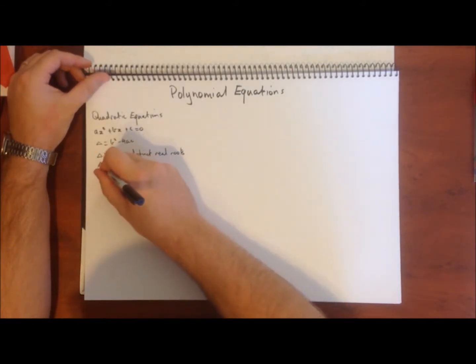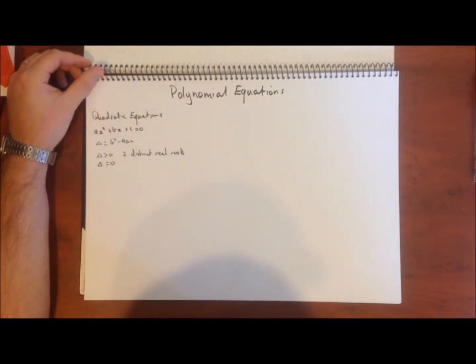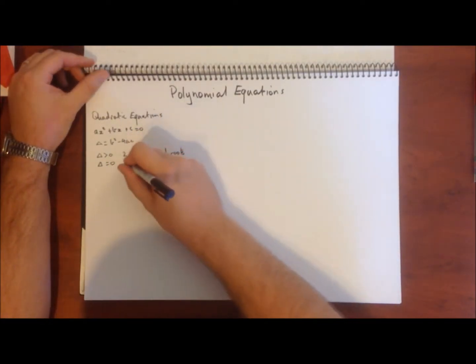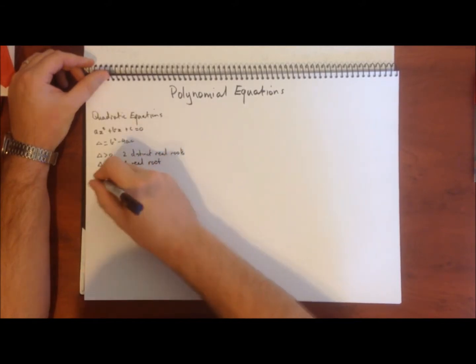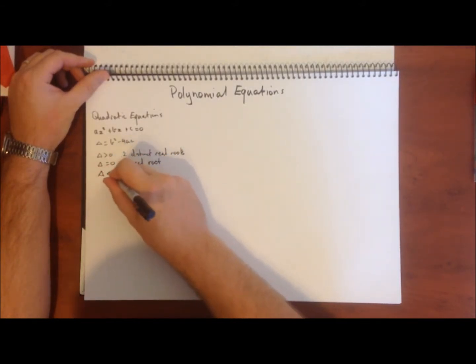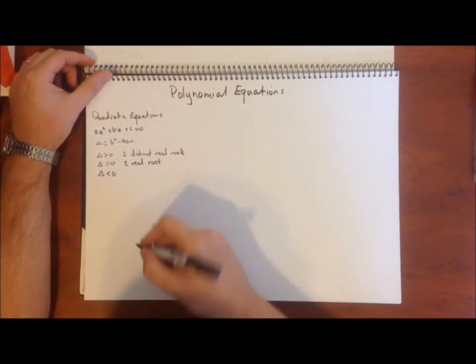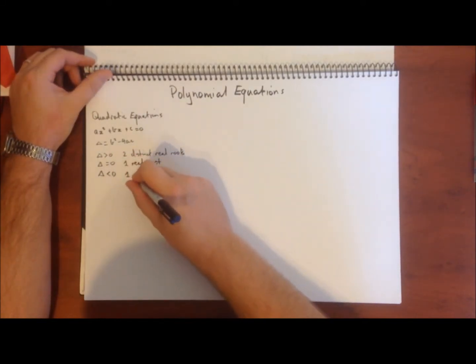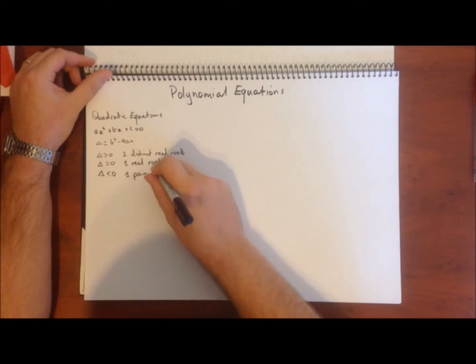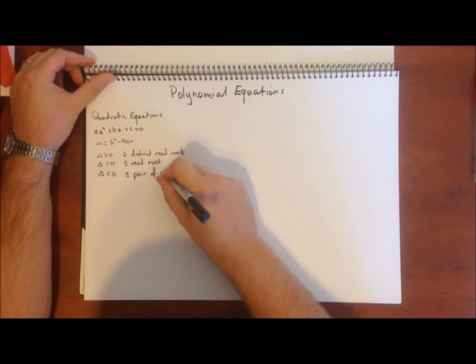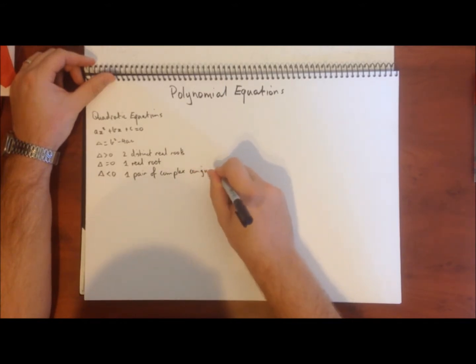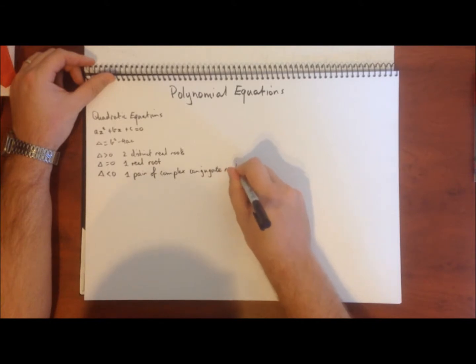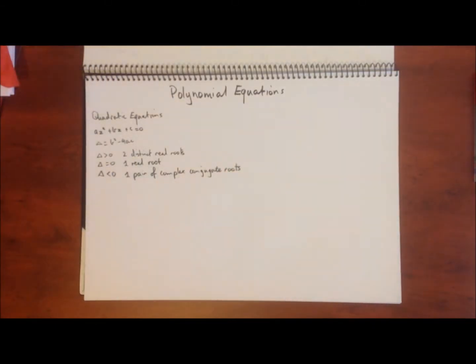If our discriminant equals 0, then we have one real root, and if our discriminant is less than 0, then we have one pair of complex conjugate roots. I've spoken about that previously.